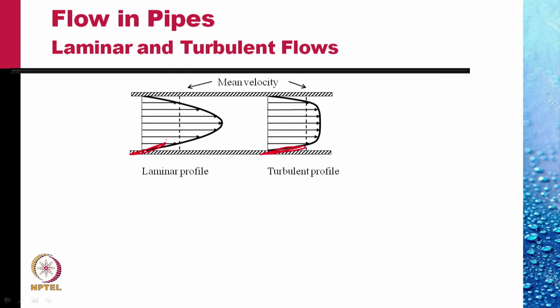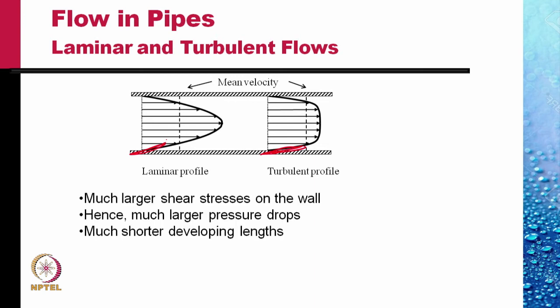Since the shear stresses are related to velocity gradient, shear stress on the wall in turbulent flow is much more than the shear stress in laminar flow for the same mean velocity. Much larger shear stress on the wall has much larger pressure drops, much shorter developing lengths in turbulent flows, as we discussed earlier.